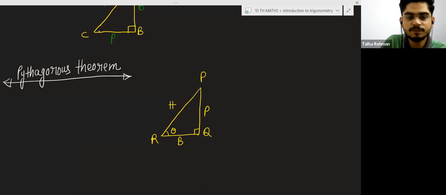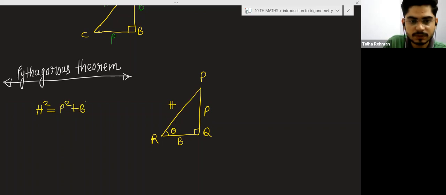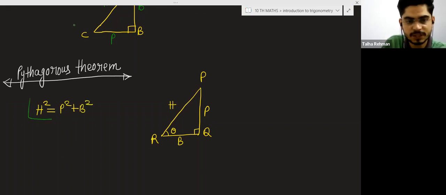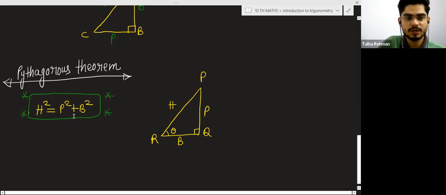So the Pythagoras theorem is: in a right angle triangle, the square of the hypotenuse is equal to perpendicular square plus base square. This theorem is very, very important for solving the questions of this chapter.